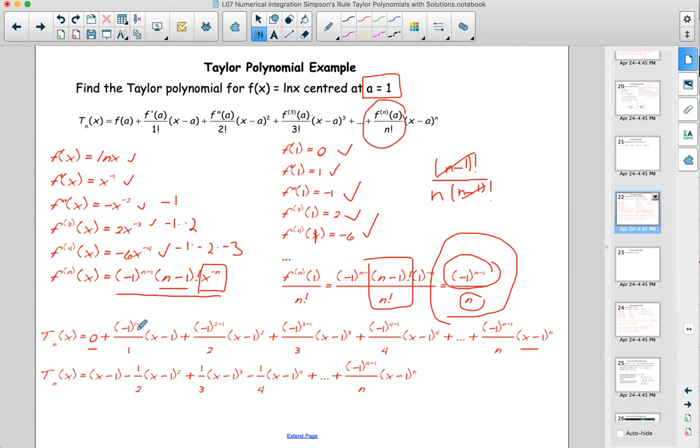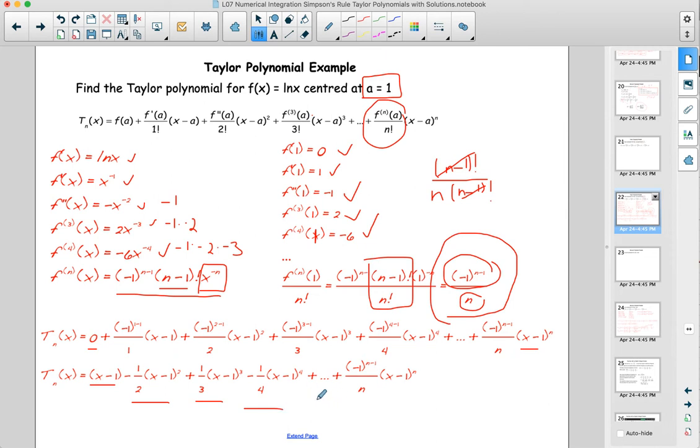This just becomes 1 because -1 to the 0 is 1. So we have x minus 1. This simplifies to become a -1, so we have -1/2 x minus 1 all squared. This is going to become positive 1, so that's plus 1/3 x minus 1 all cubed. This becomes -1 times x minus 1 all to the power 4.